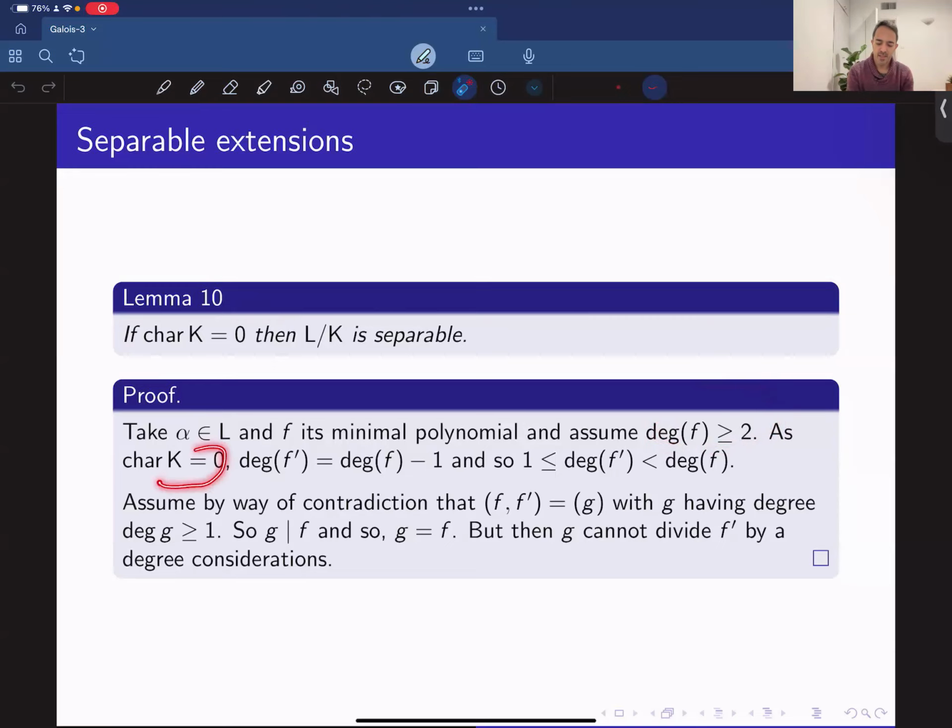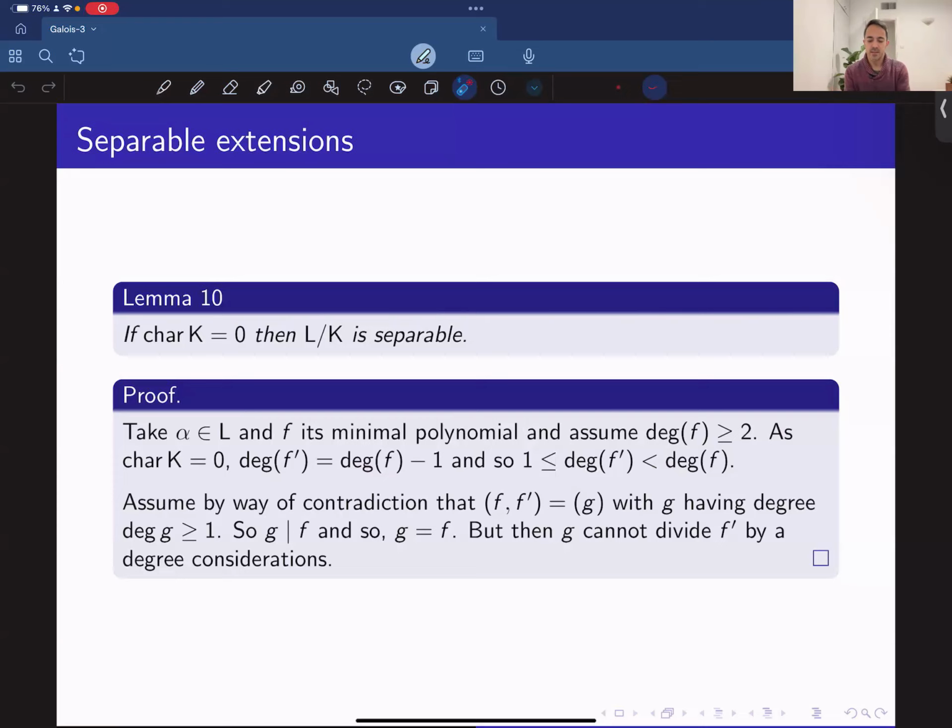And because the characteristic is 0, we know that the degree of the derivative is 1 lower than the degree of the polynomial. That's how derivatives usually work, they reduce the degree by 1, unless the characteristic is positive, in which case weird things can happen. And so in particular, the degree of f prime is larger or equal than 1, and it's strictly smaller than the degree of f.